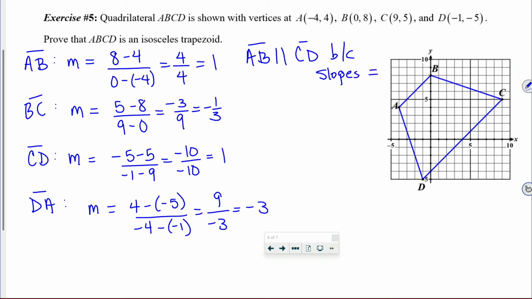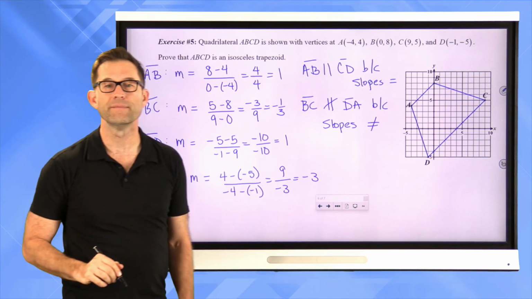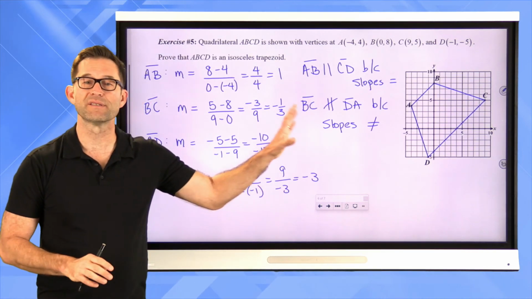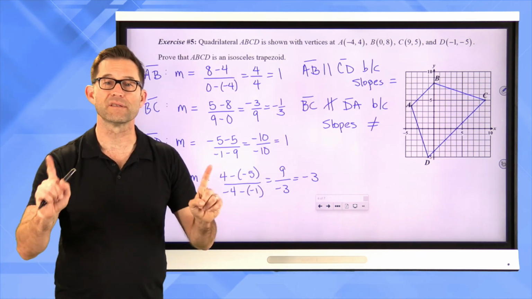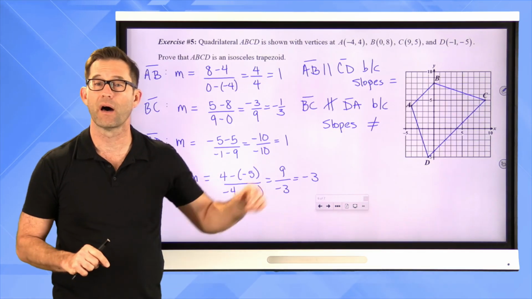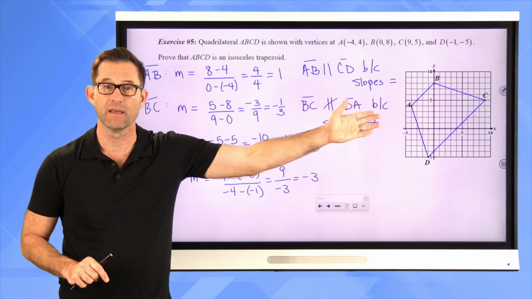And I can also say, and need to say, that BC is not parallel to DA, my other pair, because slopes are not equal. All right. So what I've done here is I've established that this is a figure with exactly one pair of parallel sides, AB and CD.